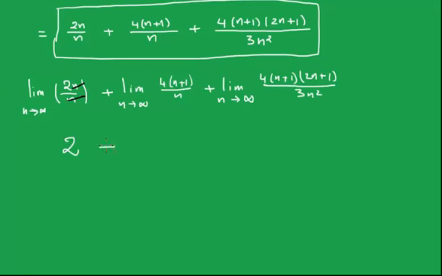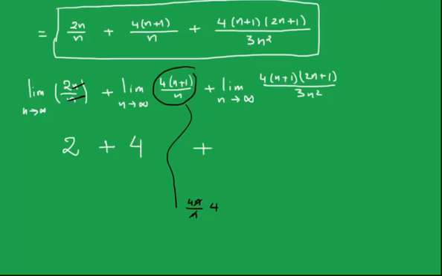The second one, the monomial that has the highest exponent of n is 4n for the numerator, and that of the denominator is n. So when you cancel, you're left with 4. So the second limit is 4, and then plus.